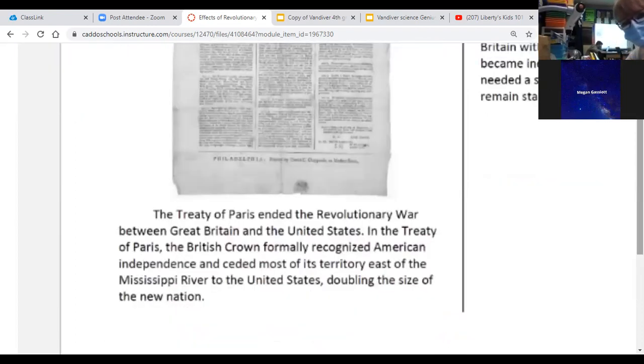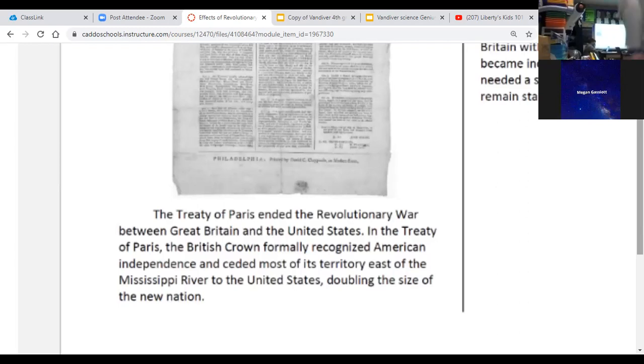So source one says the Treaty of Paris ended the Revolutionary War between Great Britain and the United States. In the Treaty of Paris, the British Crown formally recognized American independence and ceded, in other words, gave over, most of its territory east of the Mississippi River to the United States, doubling the size of the new nation.